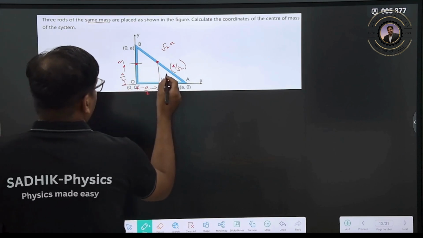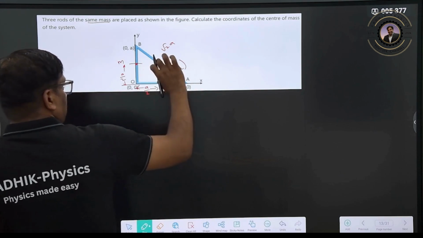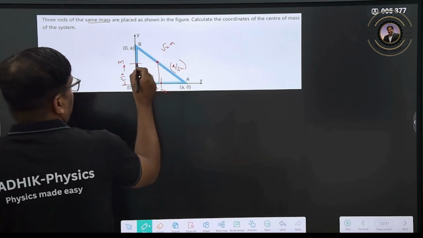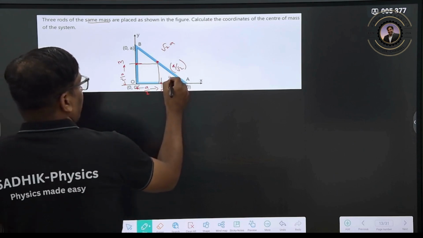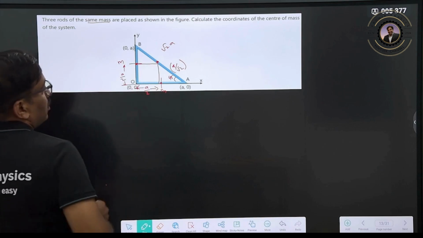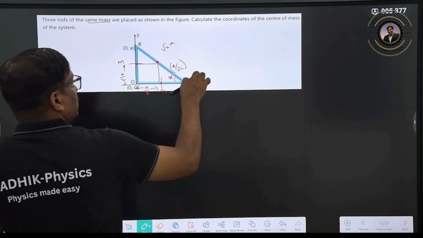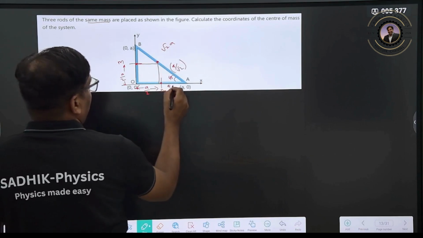Here we require this distance. Since these two sides are the same and this is 90 degrees, this is a 45 degree angle. The total distance is root 2 into A, and this distance is A by root 2.